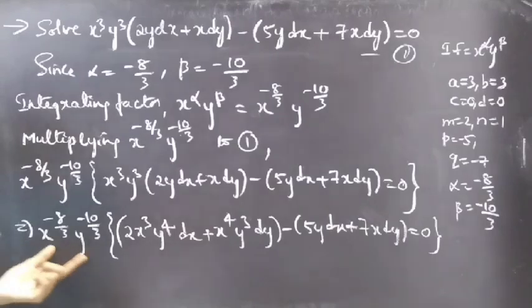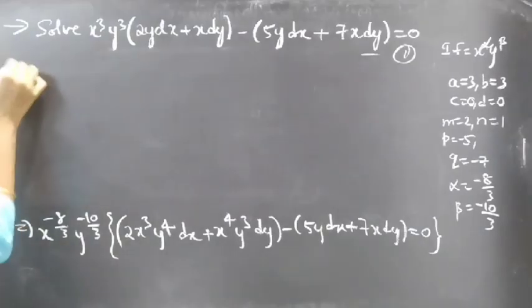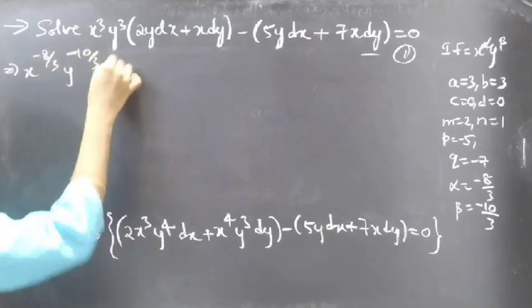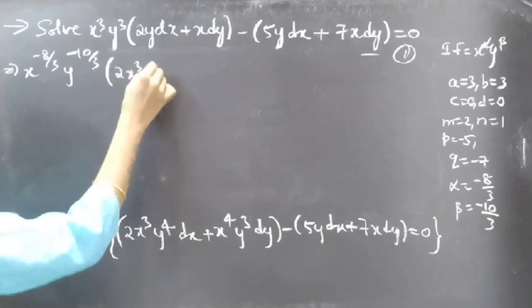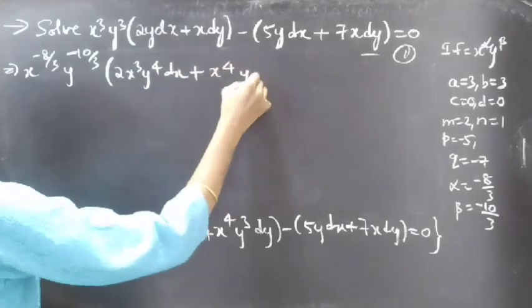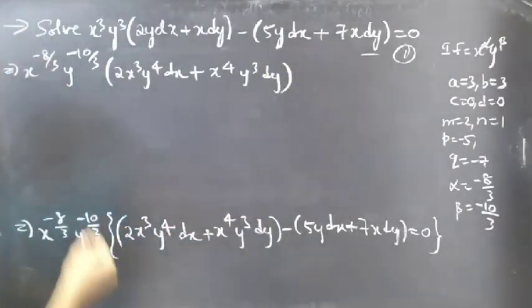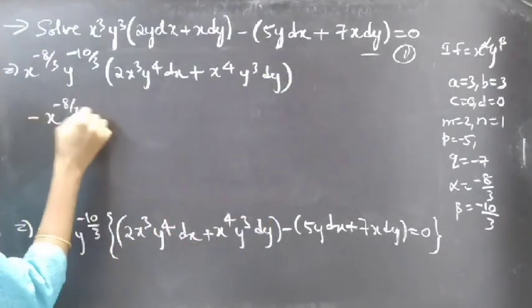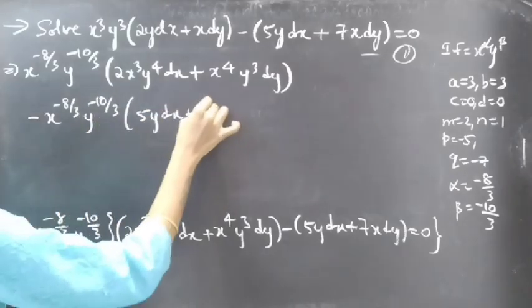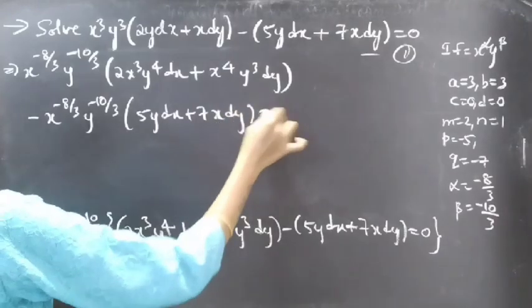Now multiply each term with x power minus 8 by 3 y power minus 10 by 3, that is the integrating factor. Then this gives us x power minus 8 by 3 y power minus 10 by 3 into 2x cube y power 4 dx plus x power 4 y cube into dy minus x power minus 8 by 3 y power minus 10 by 3 into 5y dx plus 7x dy equal to 0.